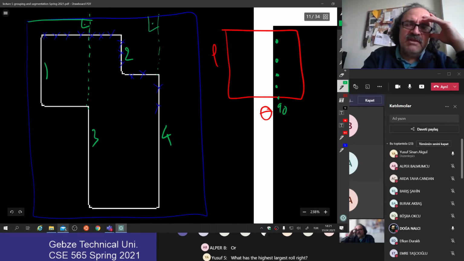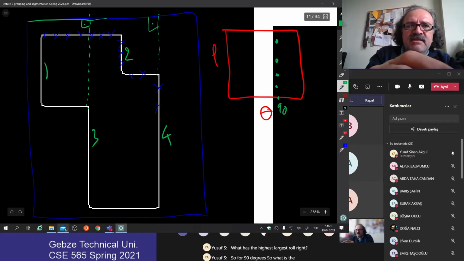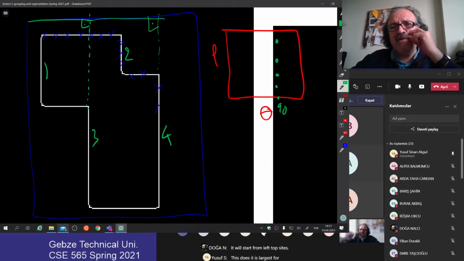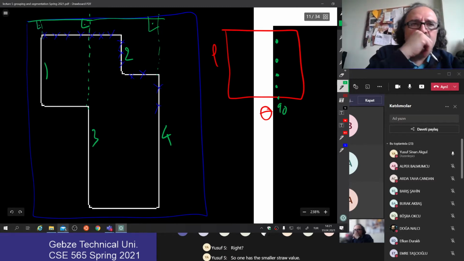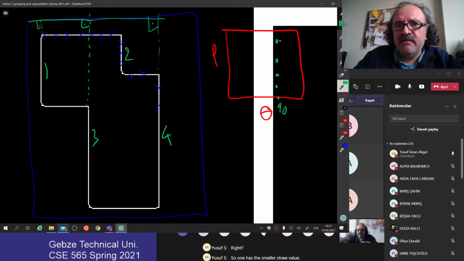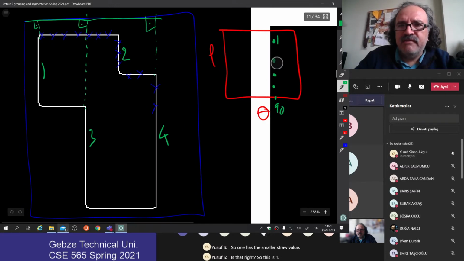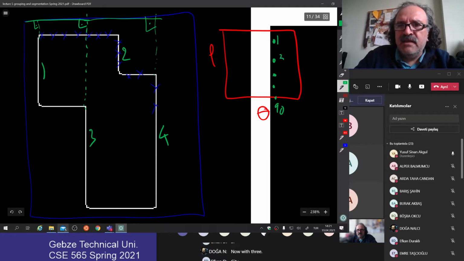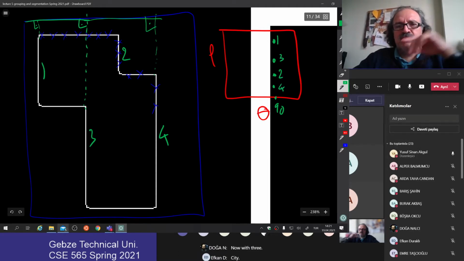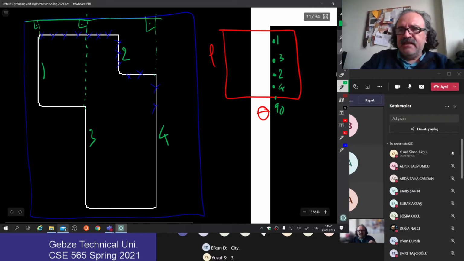So for 90 degrees, what is the distance? 4 has the largest rho value, so 1 has the smallest rho value. Is that correct? So this is 1. How about this one? Three. So 3, 2, and 4. Okay, good.